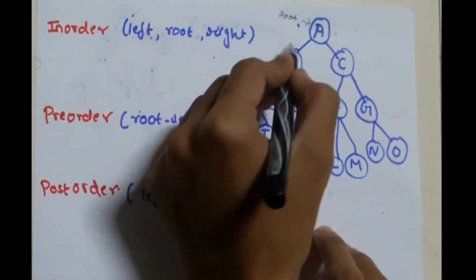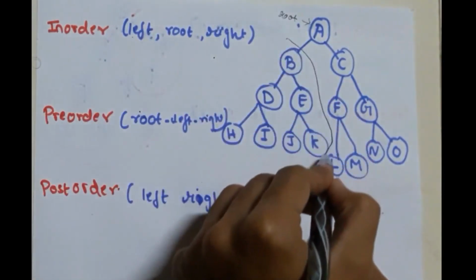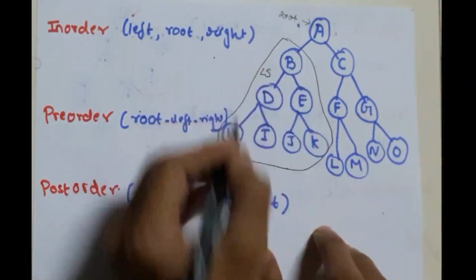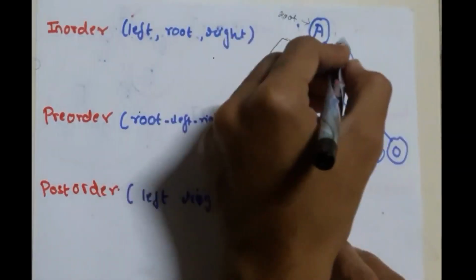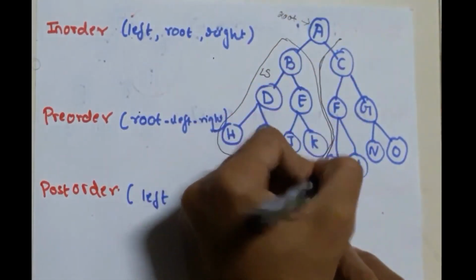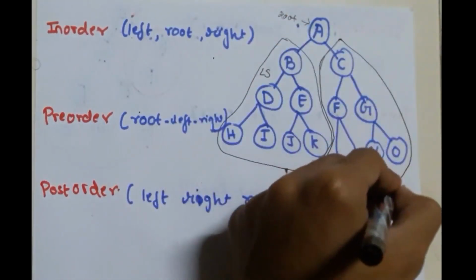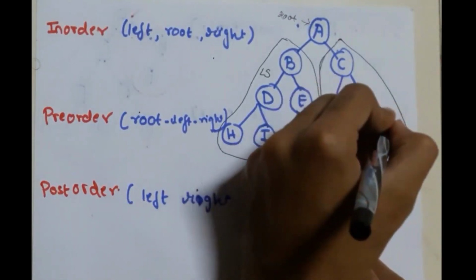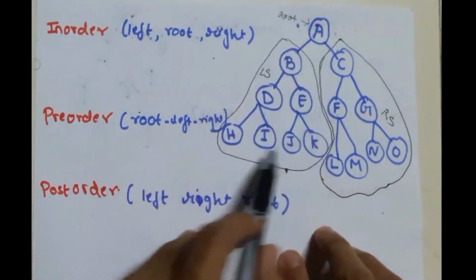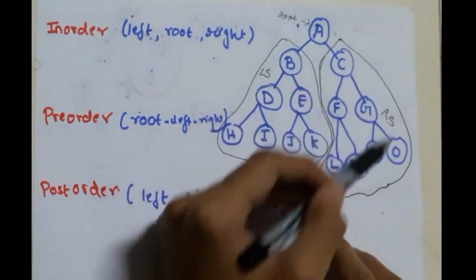Left means full left subtree. So what is this? This is left subtree. And what is this? Right subtree. Okay. So for root A, this is the left subtree and this is the right subtree.